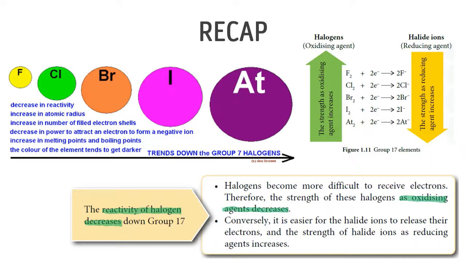Conversely, it is easier for the halide ion, such as astatide or iodide, to release their electron. The strength of halide ion as a reducing agent increases when going down the group.